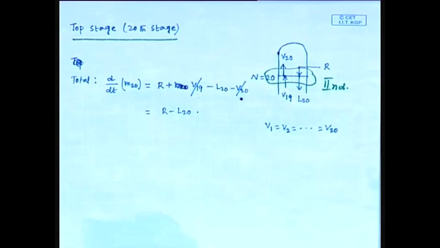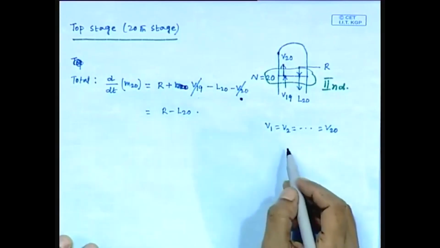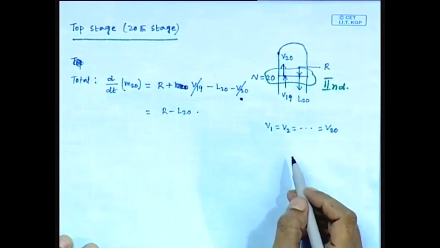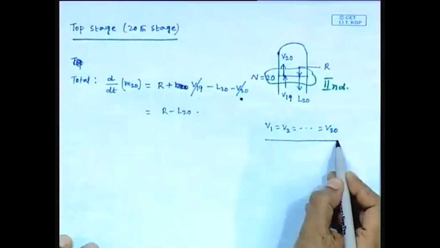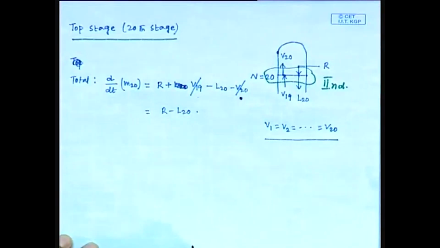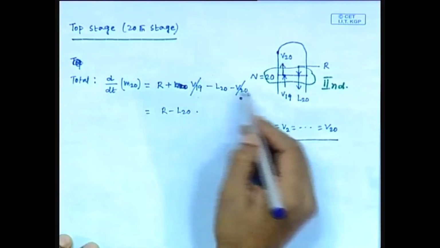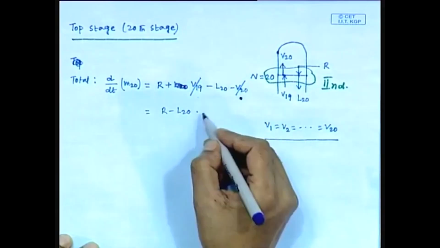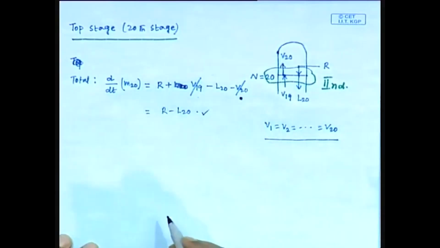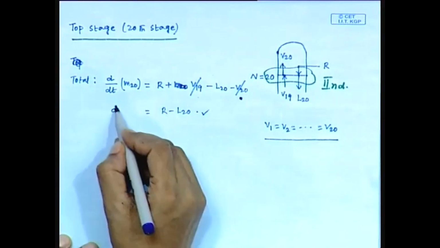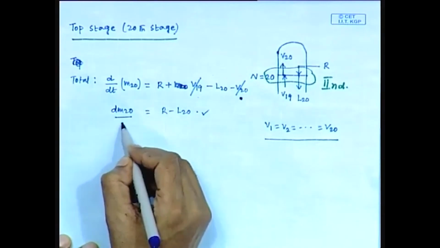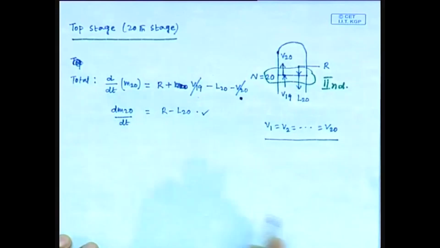Since all these vapor flow rates are the same, we cancel out V19 and V20. Then finally, we get the total mass balance equation dM20/dt equals R minus L20.